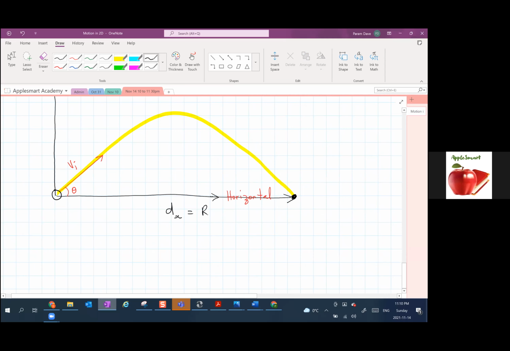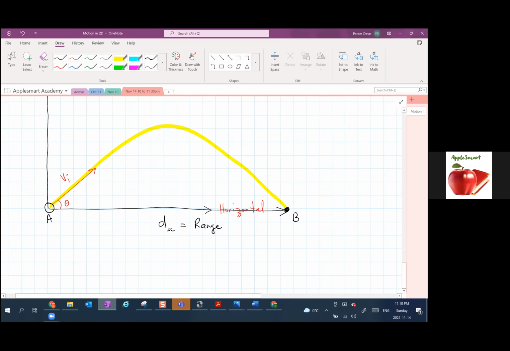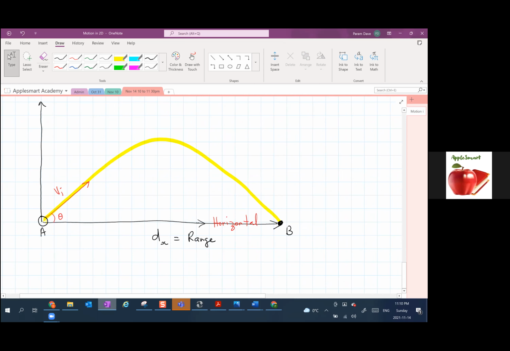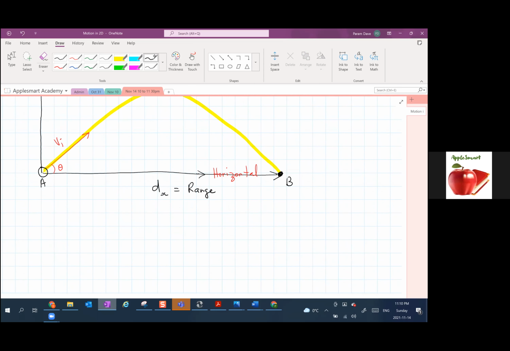It's also known as the range. So the distance between A and B is the range. Now, remember that the ball is actually not traveling in that direction. No, that's not what the ball is doing. The ball is actually going along the parabola that is drawn, that goes up and then down. So that yellow path is what the ball is actually following. But in doing that, this is its final location, DF.